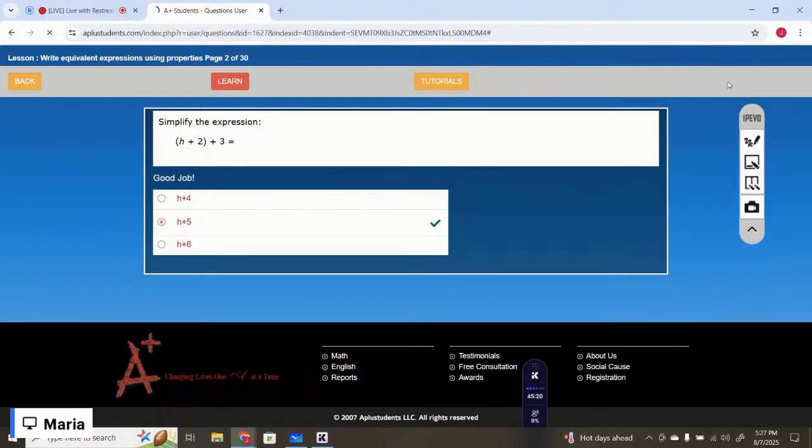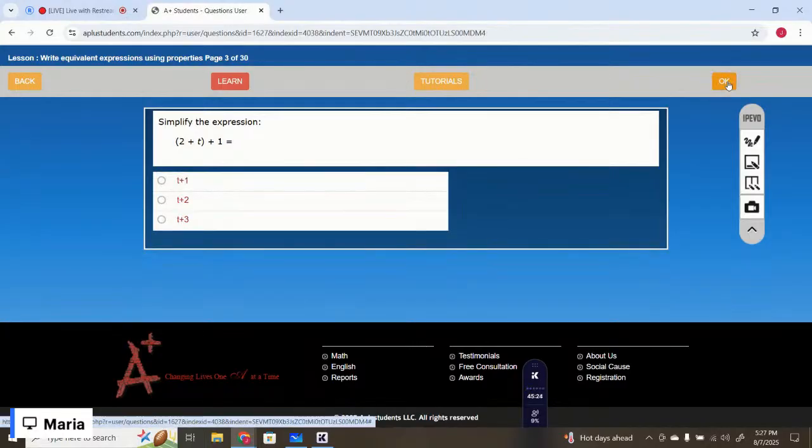Simplify the expression. That is T plus 3. Option number 3 is the correct option. T plus 3 it is.